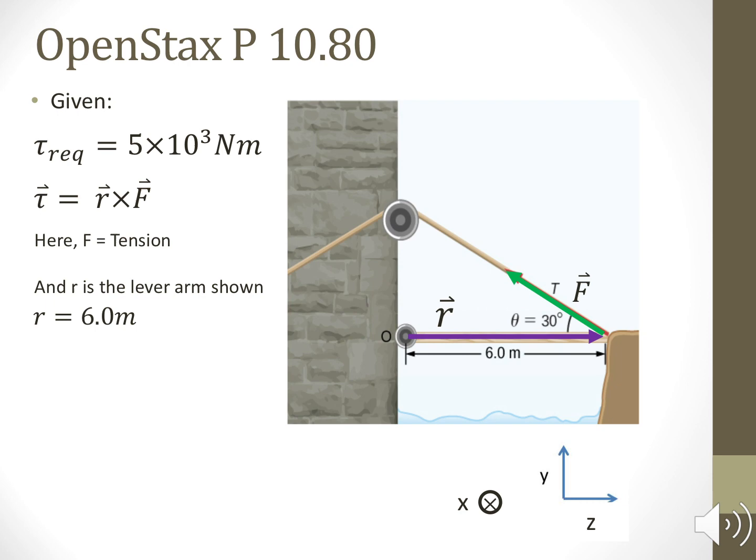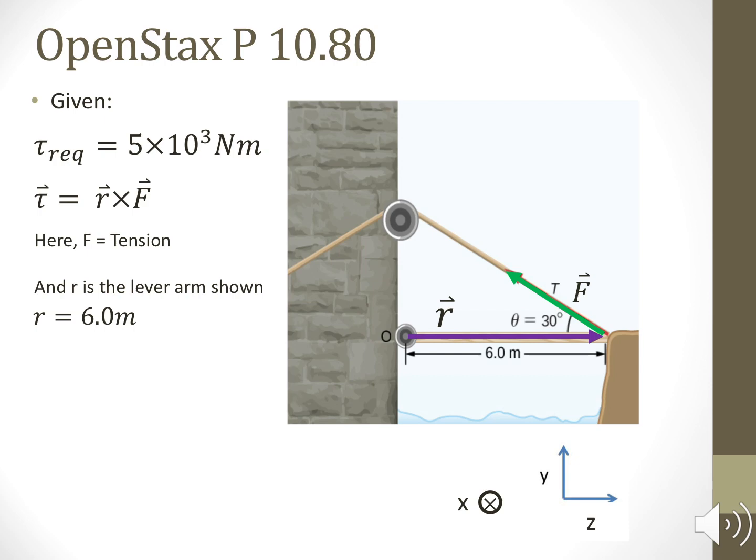So what are we given here? So the given quantities are required torque is 5 times 10 to the 3 newton meters. We know that tau is equal to R cross F. And here, F is the tension force as shown.